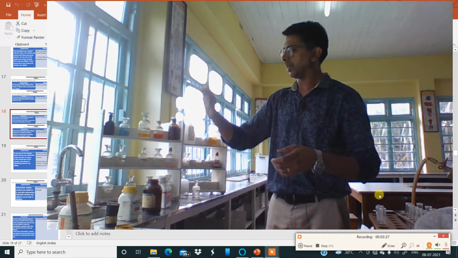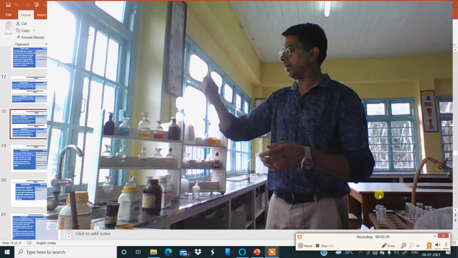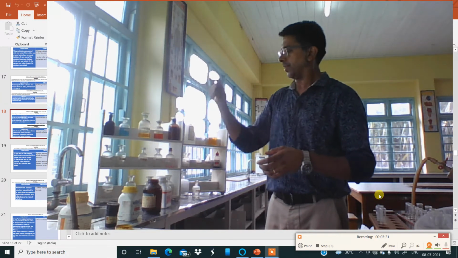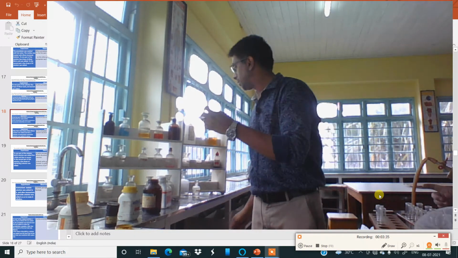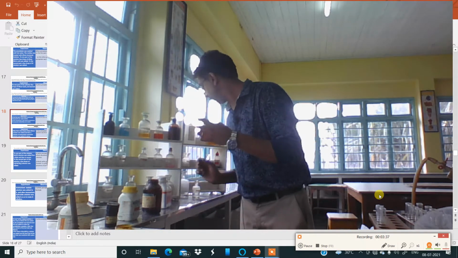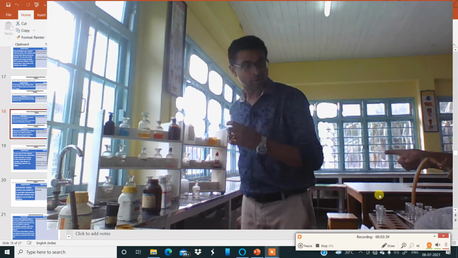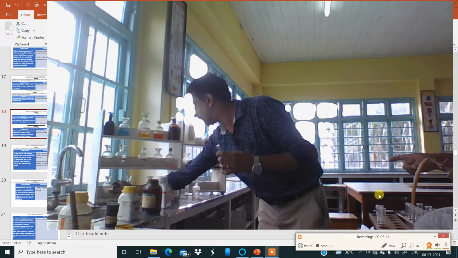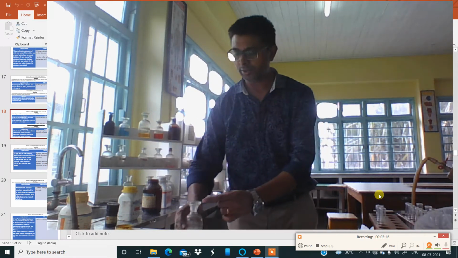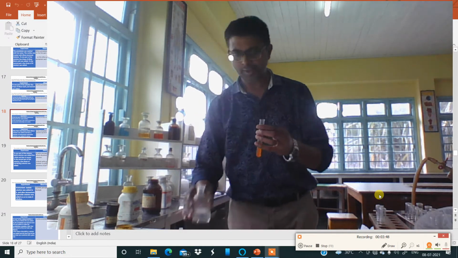Then I will add ammonium hydroxide, at least concentrated, to get a proper precipitate. I will add ammonium hydroxide to this.